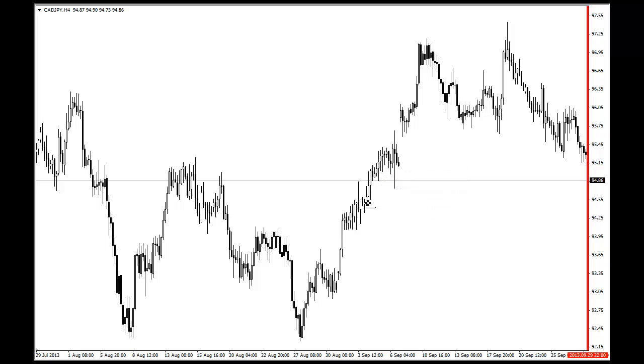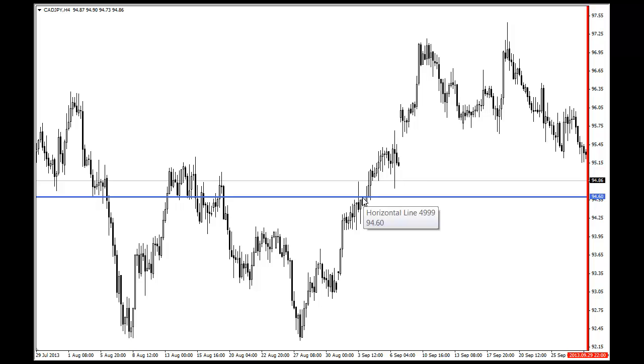In other words, we're going to be using the high of that candle as the beginning point of where an institutional order block may reside. Okay, and there's a few things that we could be utilizing in this setup. We could be referring to this swing low here prior to this rally up.